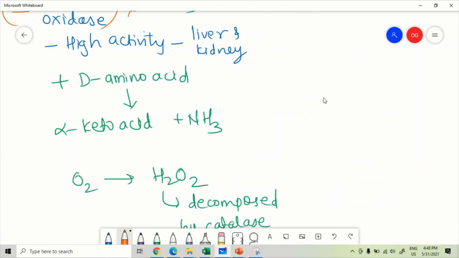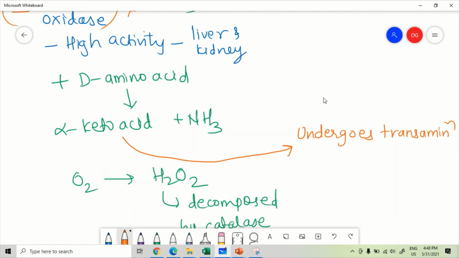So this alpha keto acid further undergoes transamination and forms the L-amino acid.